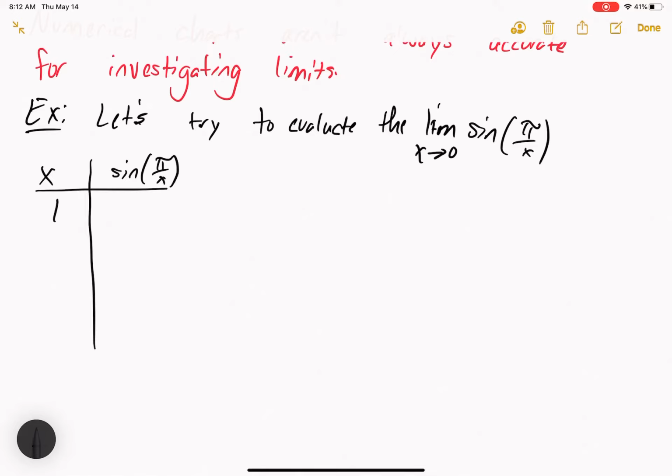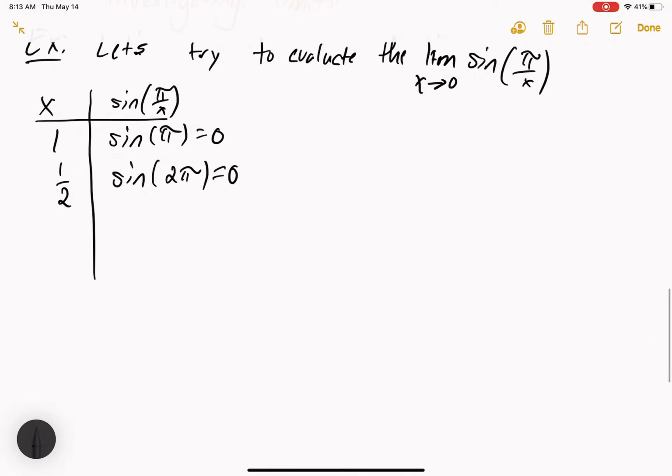So now if we plug in 1, we just get sine of pi, which is equal to 0. If we plug in 1/2, we get sine of 2 pi, which equals 0, because when we divide by half, it becomes multiplied by the reciprocal, so you just get 2 pi.